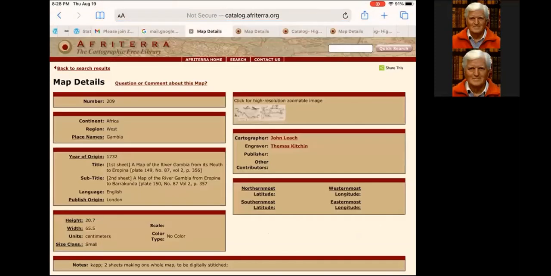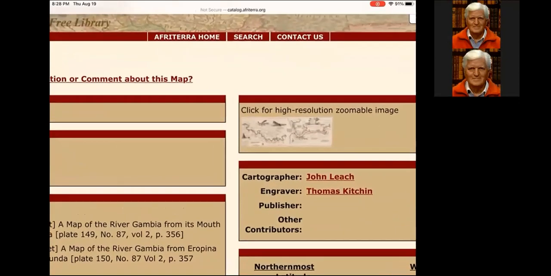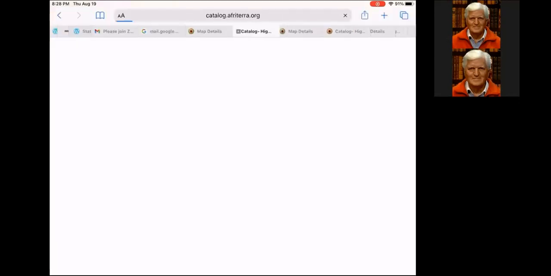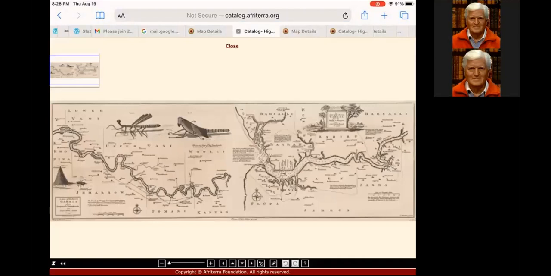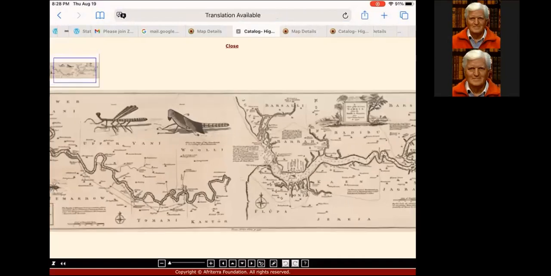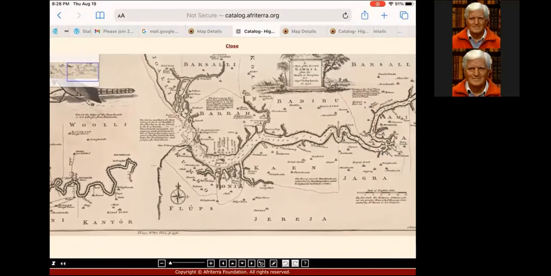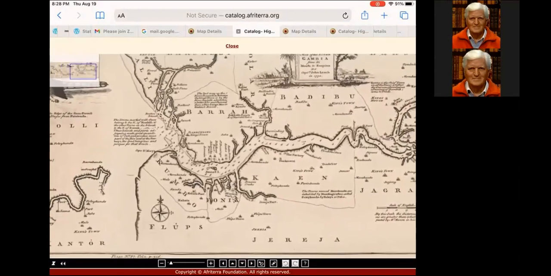If we hit on this, we'll see a small map indicated here in the little upper right-hand corner. Click for high resolution zoomable image is what it says. And sure enough, we can click that and get out to a zoomable image. And a zoomable image is one that will increase if you pinch it and spread it.